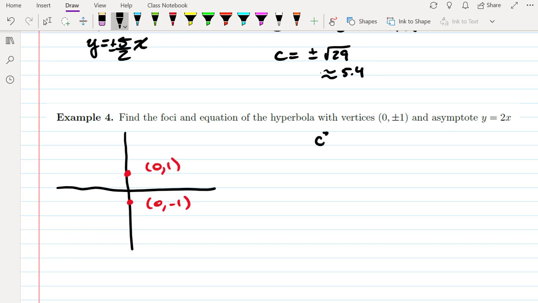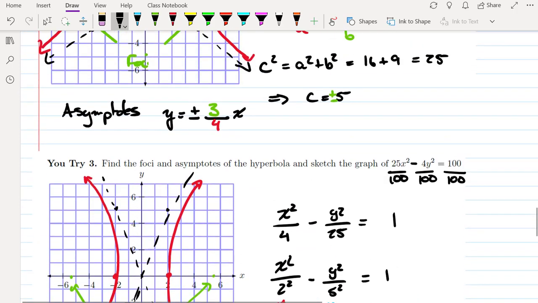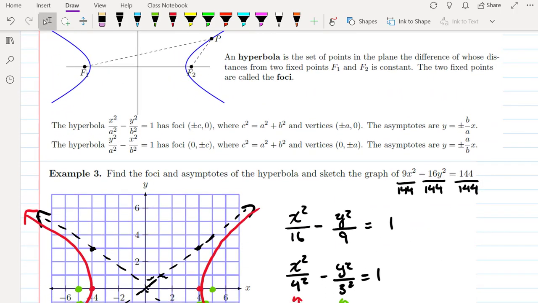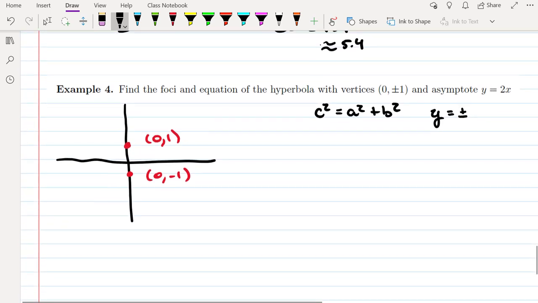So we know that c squared equals a squared plus b squared. Since we are on the y-axis, the form is y squared over a squared minus x squared over b squared equals 1.